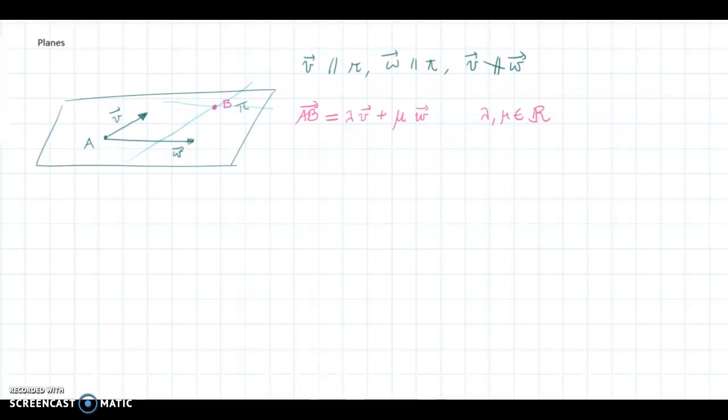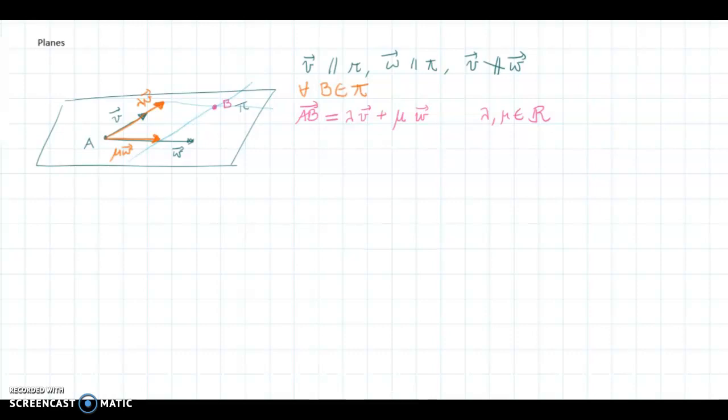Okay, and now this is my vector lambda V, and here this is my vector mu W. And you see I did this in such a way that A and B are opposite vertices of a parallelogram with sides parallel to V and W. So I achieved what I wanted of being able to travel from A to B along vectors parallel to V and W. What I did over here can be done for all points B belonging to the plane pi.